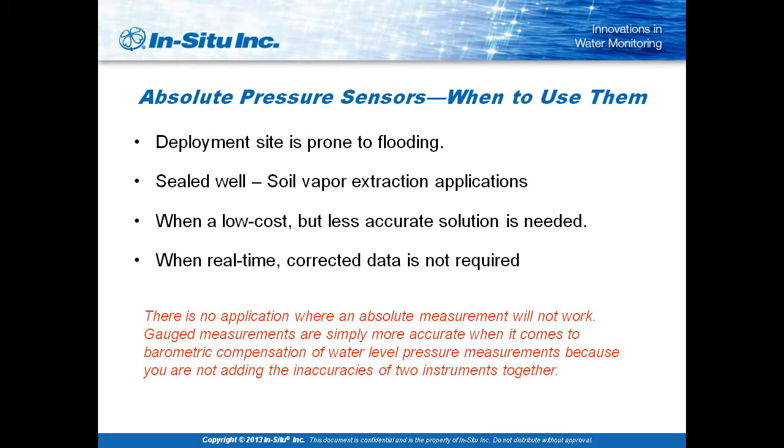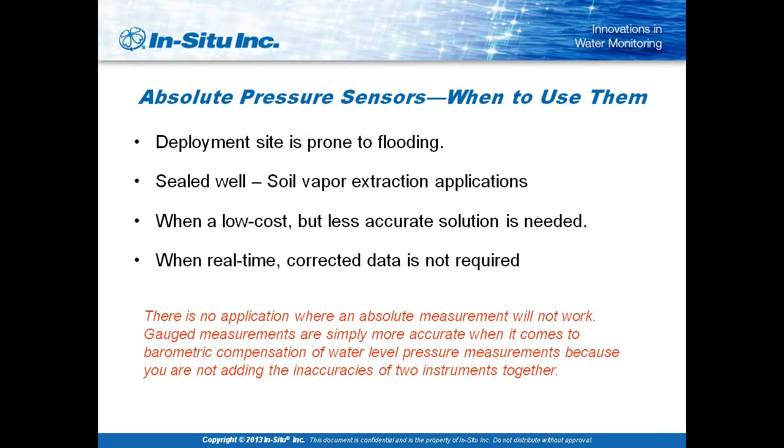An absolute sensor, on the other hand, really can be used anywhere. It's really good if the site is prone to flooding, or if you're in a sealed well doing things like soil vapor extraction or flowing artesian. It also can have a budget consideration when a low-cost solution is required.